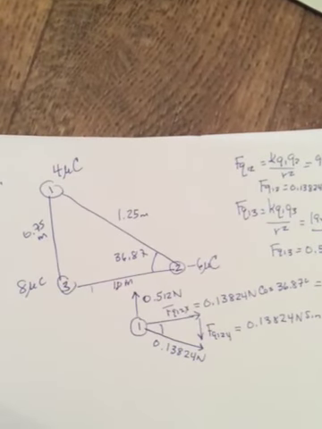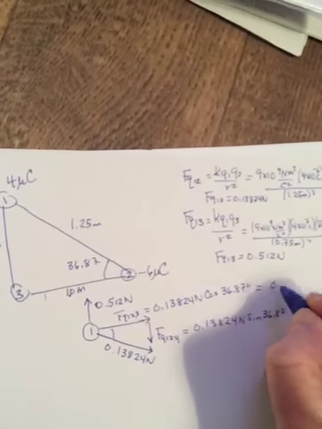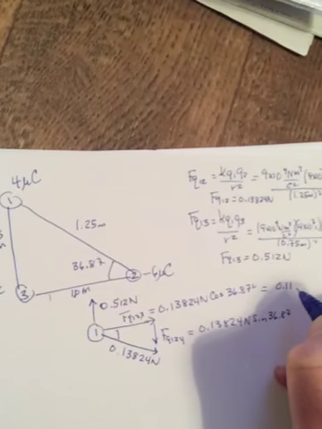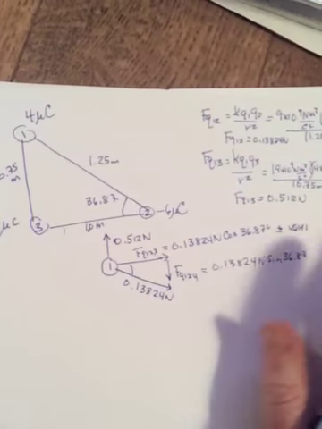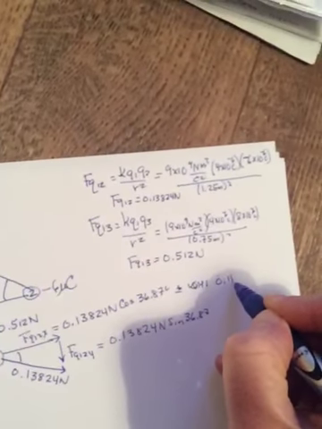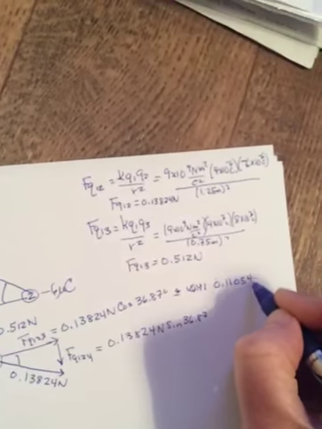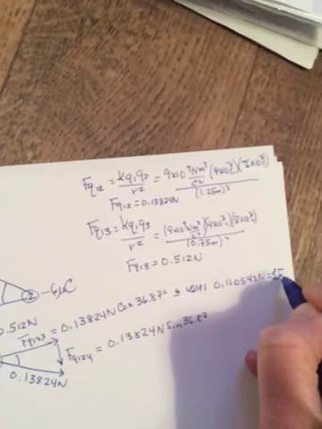So x is 0.11. No, okay, sorry, that's not what it is. Okay, so whatever you get there, oh yeah, it is, I was right, it is the x. 0.110542 newtons, I think.